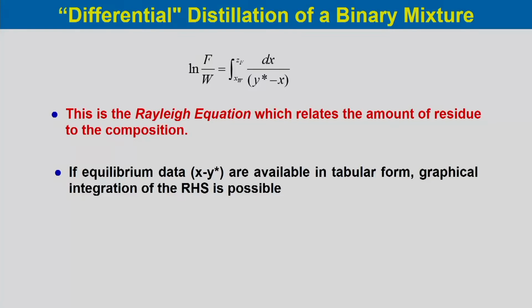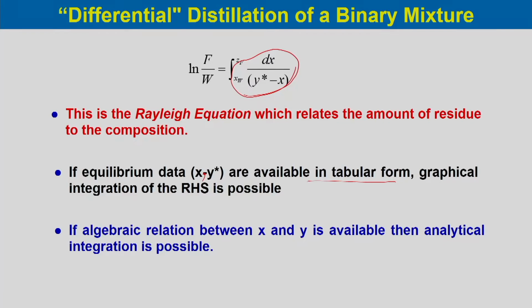Now, if the equilibrium data, or x-y star data, are available in tabular form, graphical integration of the right-hand side is possible. So, we need x-y data. If we have equilibrium x-y star data in tabular form, then we can do the graphical integration of this.